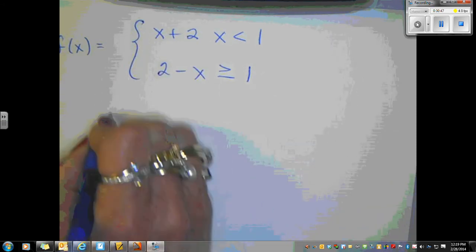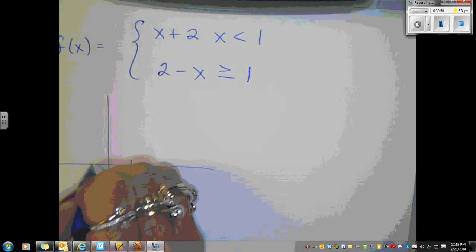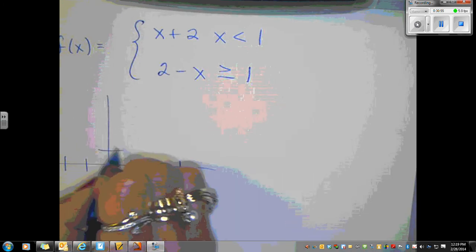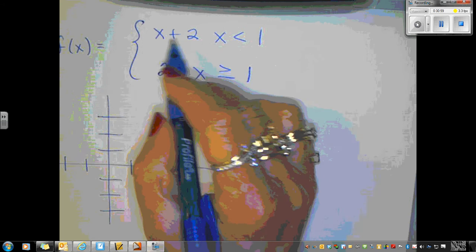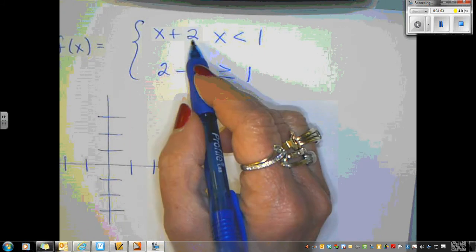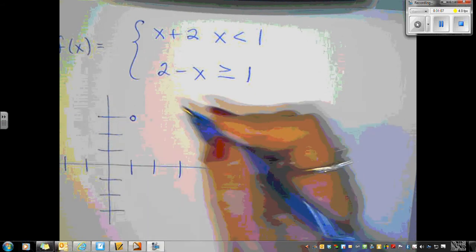Okay, so let's draw a graph. Alright, we pretend we can be at 1. 1 plus 2 is 3, so I have an open circle there.